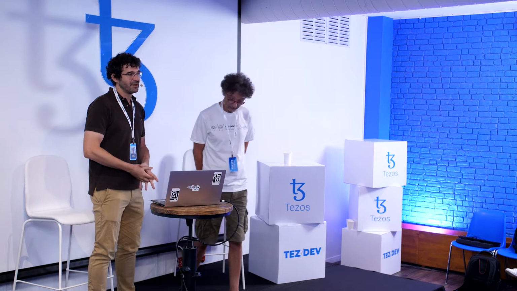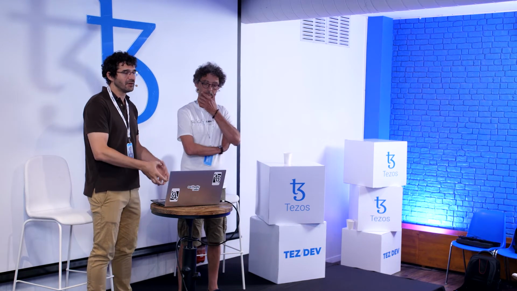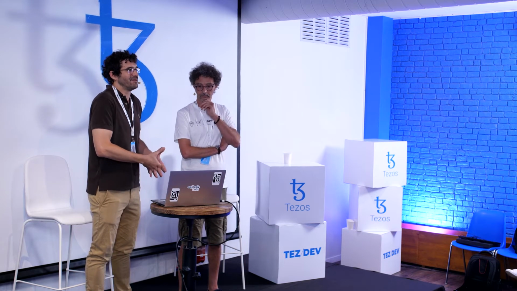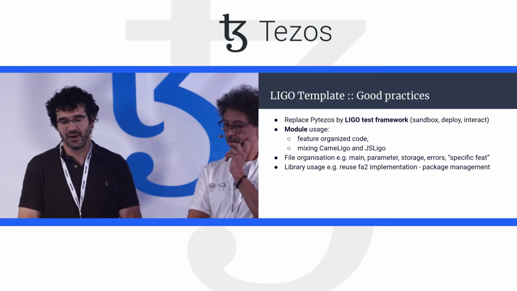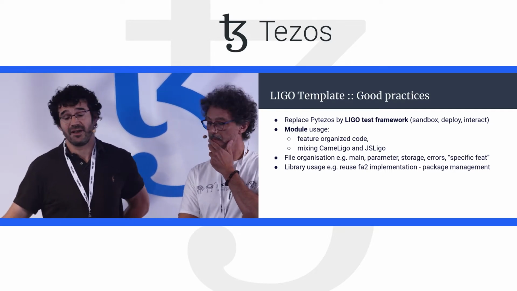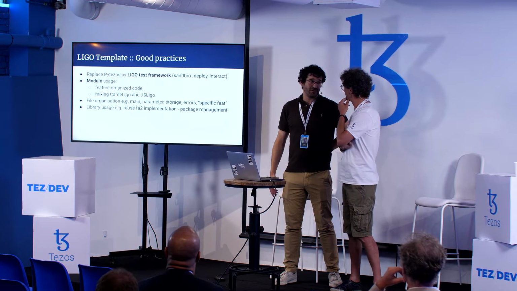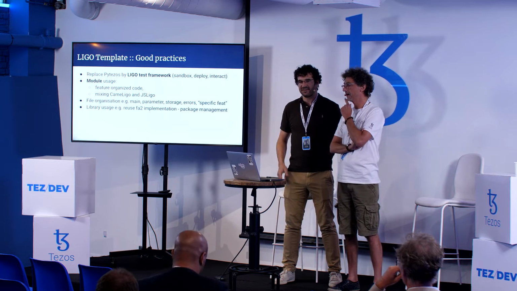But if you're implementing your smart contract in LIGO, and then you're using another language, Python, to test it. Now there is a new test framework with LIGO, which allows you to launch a sandbox and to deploy and interact with the contract. This is quite useful, and this is a replacement improvement.